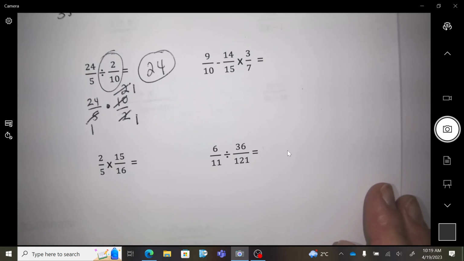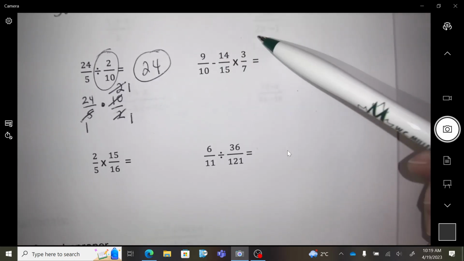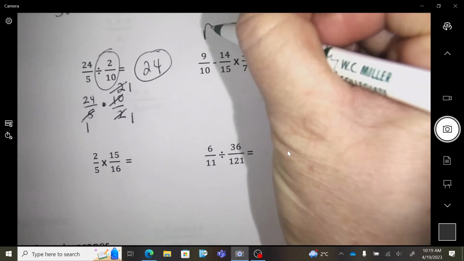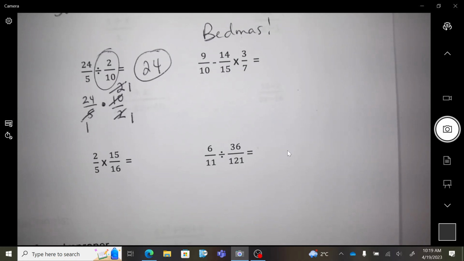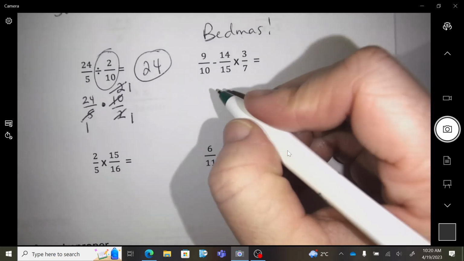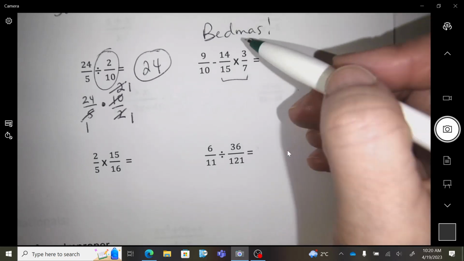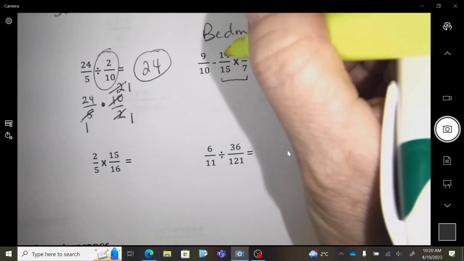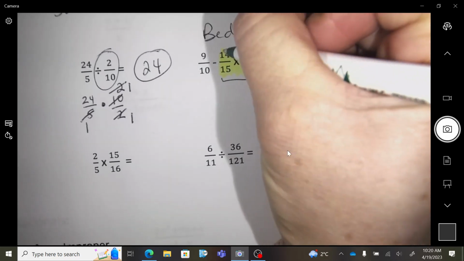Okay, let's do this one. Okay, bed mass. What do you want to do? Multiply the first. Okay, just looking at that, what can we divide the top and the bottom both by? 7. I like 7.